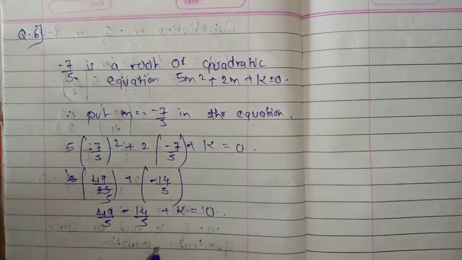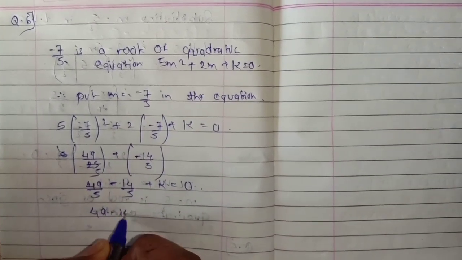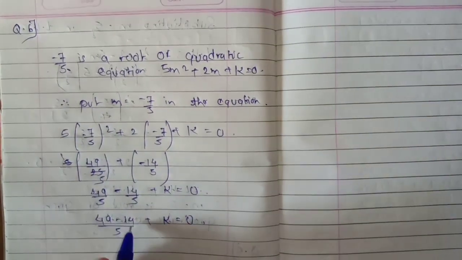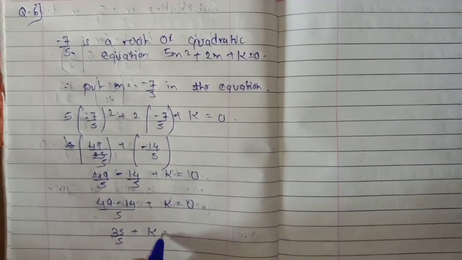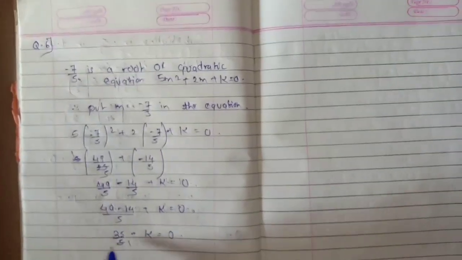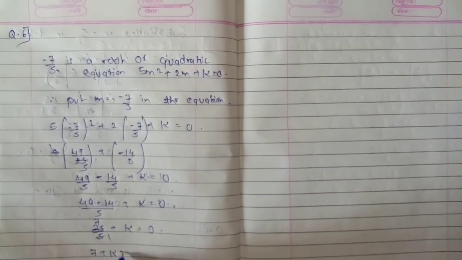The denominator is common, that is 5. So 49 minus 14 upon 5 plus k is equal to 0. 49 minus 14 is 35 upon 5 plus k is equal to 0. Five sevens are 35, so 7 plus k is equal to 0.